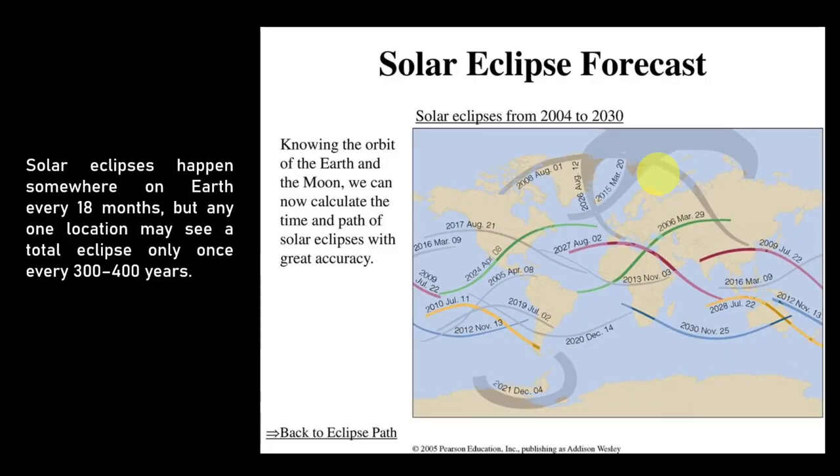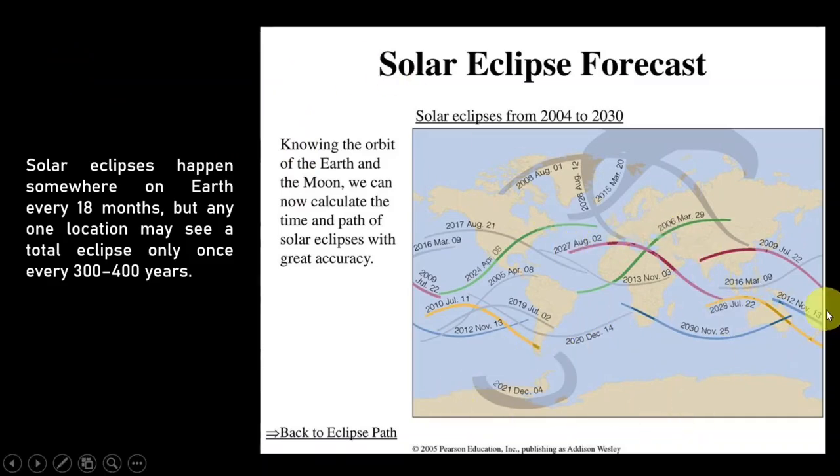It's because normally eclipses happen every 18 months, but once it happens in a particular region, it's not going to happen again until after 300 or 400 years. So unless you're going to live that long, you won't witness another one.